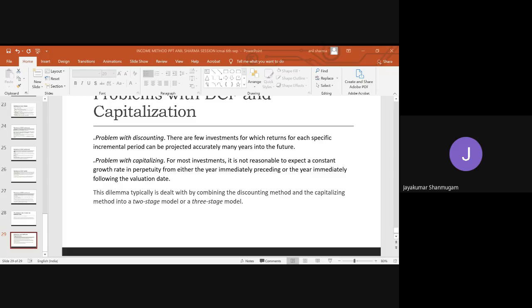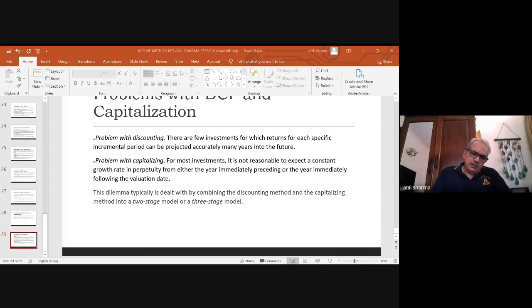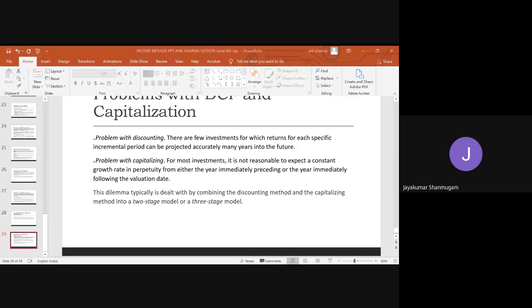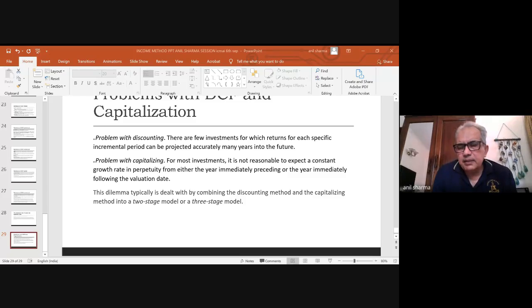Sir, from the exam side, how many questions are expected from this portion? Income method, I think Sandeep will be able to help you from your curriculum. I think the ratio of marks is given. Sandeep, do you have any idea how many marks the income method is? Okay, sir, we will find out from the curriculum. The breakup is there somewhere.